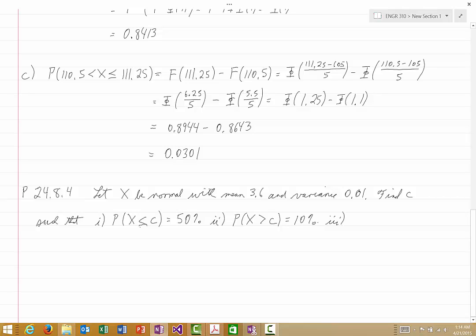And then finally for part 3, we want to find C such that the probability that minus C is less than X minus 3.6 is less than or equal to C equals 99.9%.